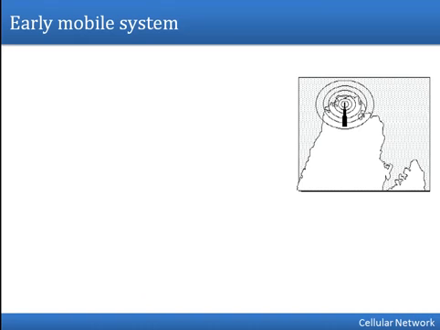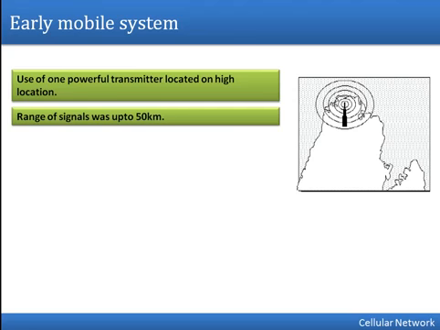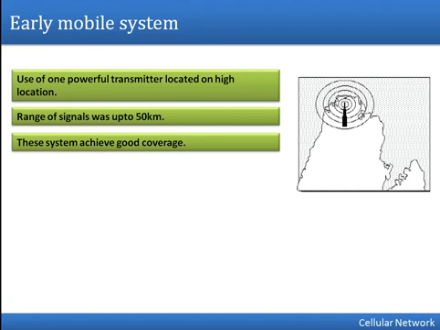In this approach there was only a single transmitter, installed at a very high location, and that one station covered the entire region. The range of the signal for that transmitter was up to 50 kilometers, and this system achieved good coverage because we had only one transmitter.